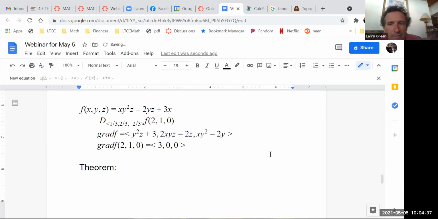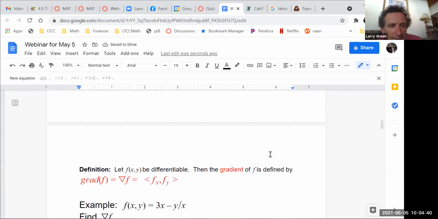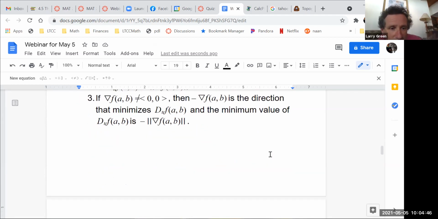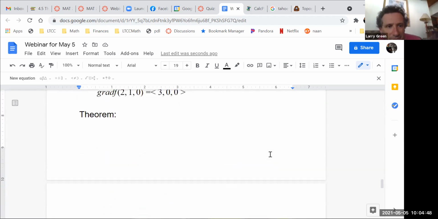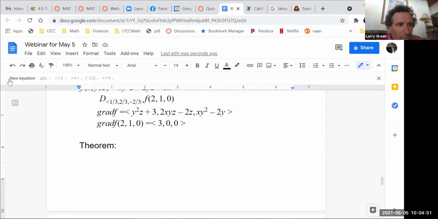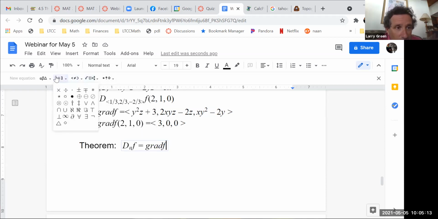The theorem is: the directional derivative in the direction of u of f is equal to the gradient of f dotted with u.